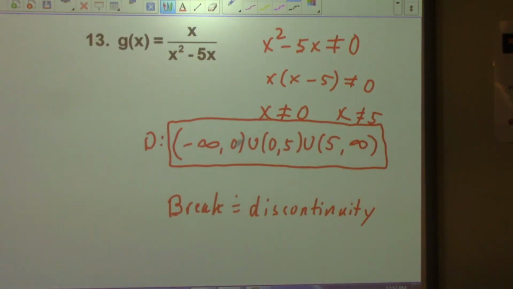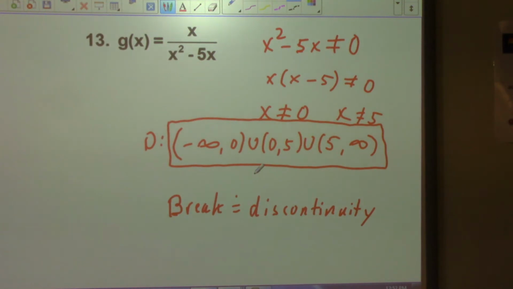All right, now, we already know at x equals 5, that's a non-removable discontinuity, vertical asymptote, or infinite discontinuity, right? Just 3 synonyms of saying the same thing. What other types of discontinuities are there? There are two other kinds that we talked about.